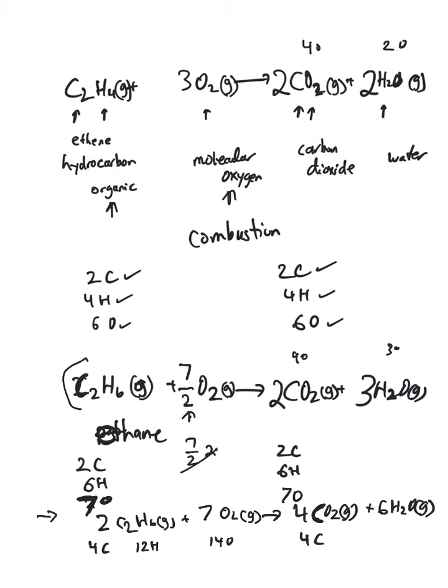In terms of oxygens, I got 4 times 2 or 8 oxygens from the carbon dioxide, plus 6 times 1 is 6 oxygens from the water, so 8 plus 6 is 14 oxygens on the product side. And then my hydrogens, I've got 6 times 2 are 12 hydrogens. So everything now balances. So you can either leave things as a fractional coefficient, or you can multiply by 2 and bring everything to where it's an integral coefficient.